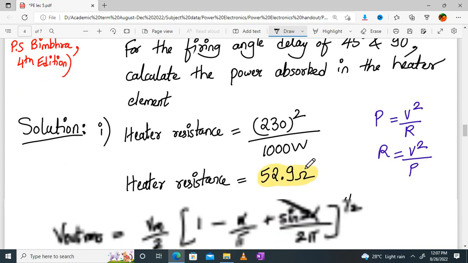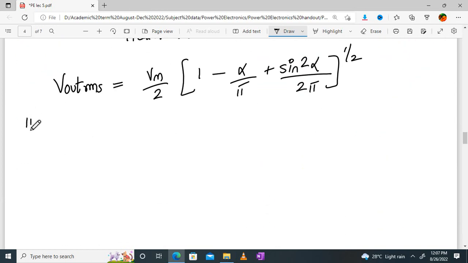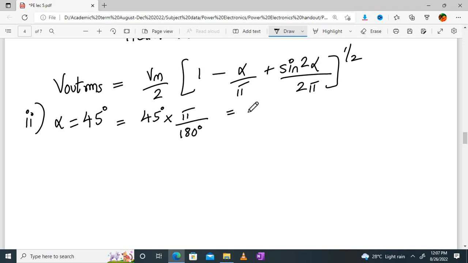So let us write it down together. First, for alpha equal to 45 degrees, what do you mean by 45 degrees? How will you convert it into radians? Into pi divided by 180. So how much is it?